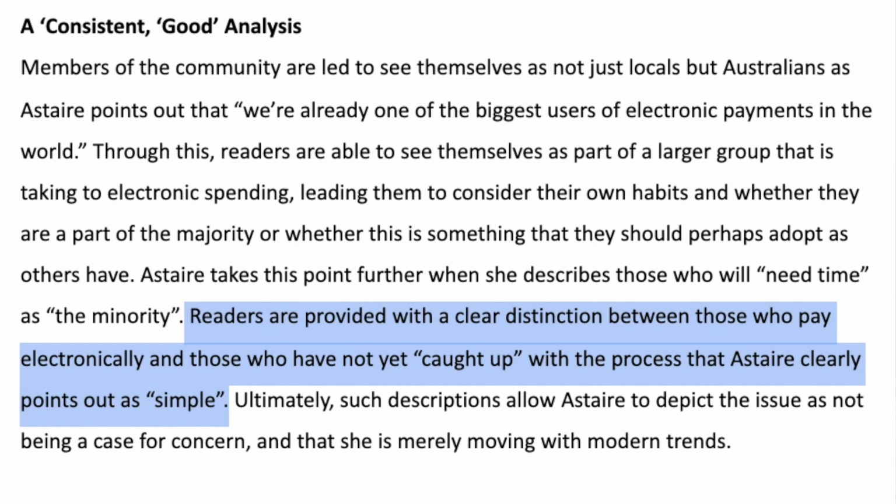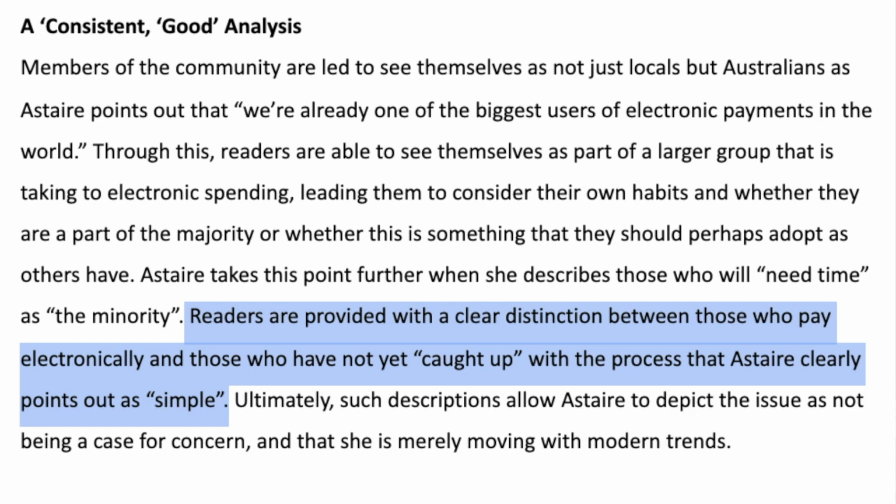It's already talked about people seeing themselves in the minority, and then it's talked about, well, now that they're seeing themselves as the minority, that there's this clear distinction between those who pay electronically. And then notice how it brings up more language where it talks about others having not caught up. That's just an intelligent way of nodding to the point that you understand, like, okay, she's used those words caught up as this way of saying, well, if you're the minority, you're behind and you need to, quote, catch up.